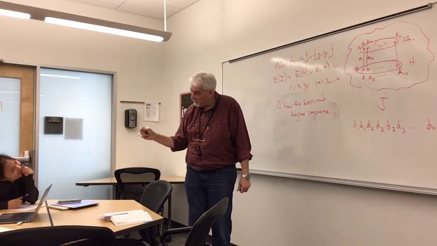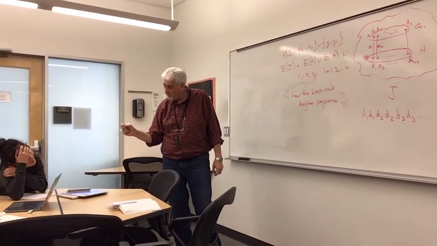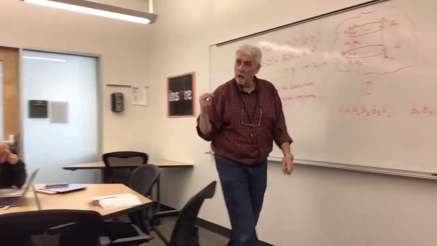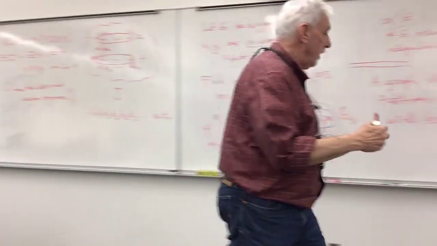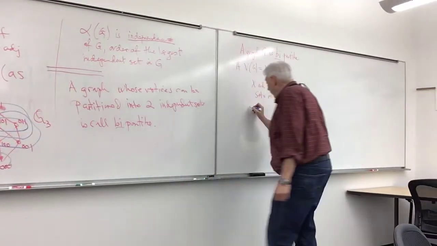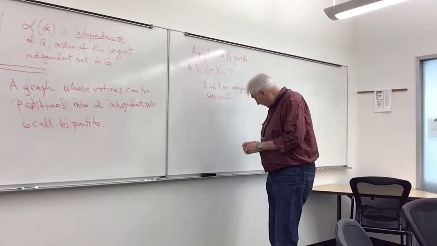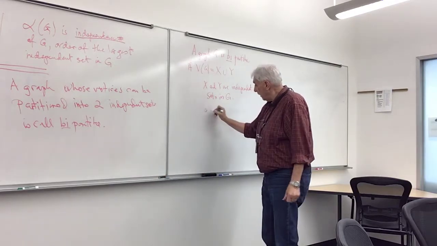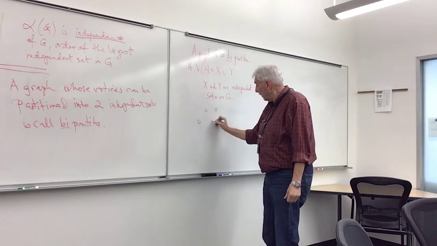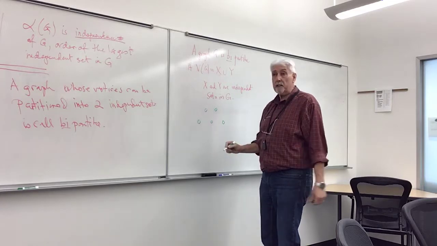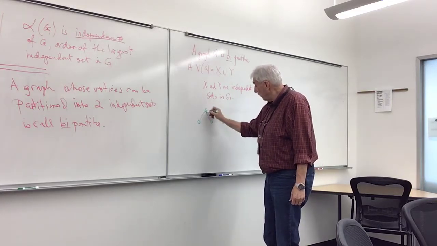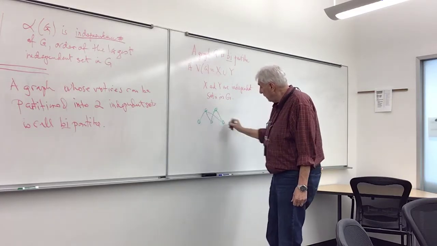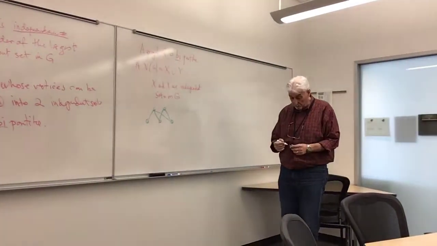What's an even number? Don't get crazy. So what about this graph? Here's an odd number of vertices. What about that graph?